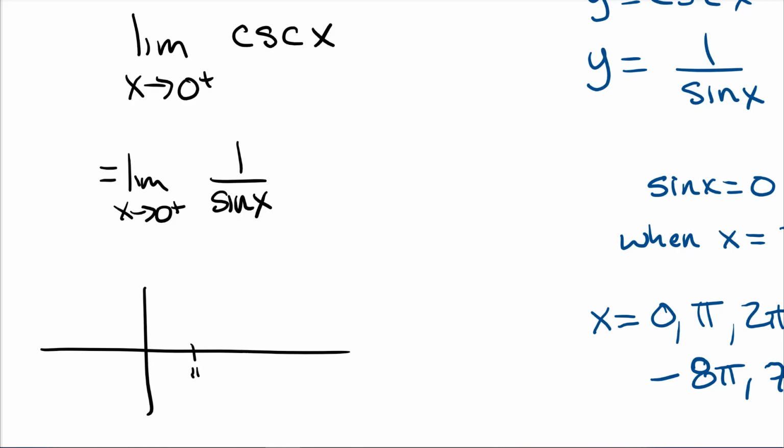So pi is bad, 2 pi is bad, 3 pi is bad, -pi is bad. Oh, shoot. You know what else is bad? No pies. 0 is bad. So we have vertical asymptotes at all multiples of pi.